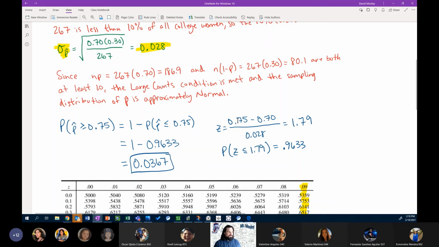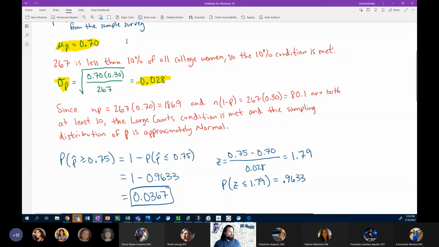So I've used the complement rule. We standardize 0.75 using my mean and standard deviation from my sample. We get 0.75 minus 0.70 divided by 0.028. We get 1.79 approximately.